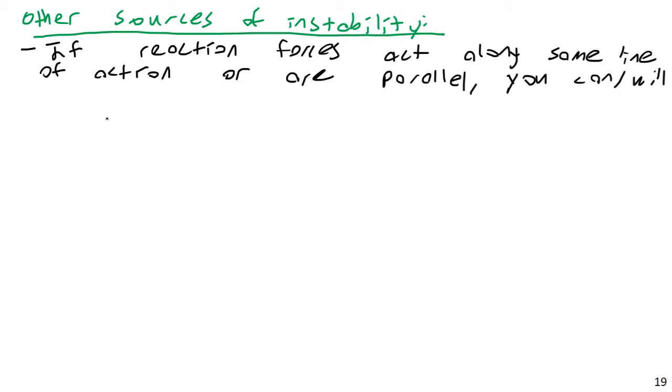A frame can still be geometrically stable, but if you have your reactions misaligned, essentially, you'll end up with an externally unstable frame.